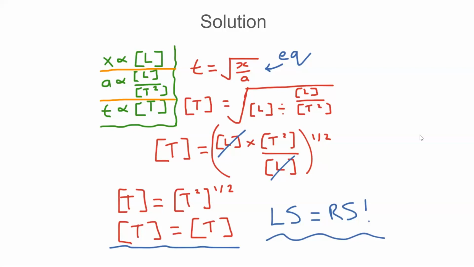And then after simplifying it, we can see that the two sides equal each other, so the left side equals the right side, in that the two dimensions that are left over are t, which means time. And so this is how we would check to see if this equation is dimensionally correct, by just substituting in the given dimensions in this problem.